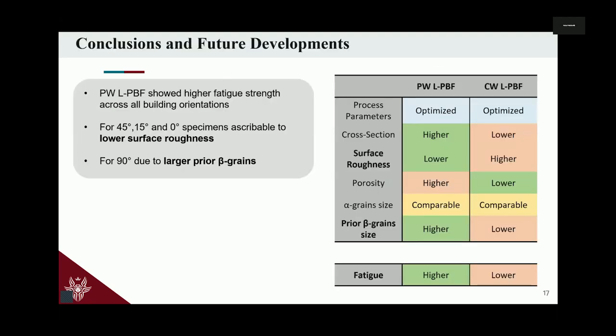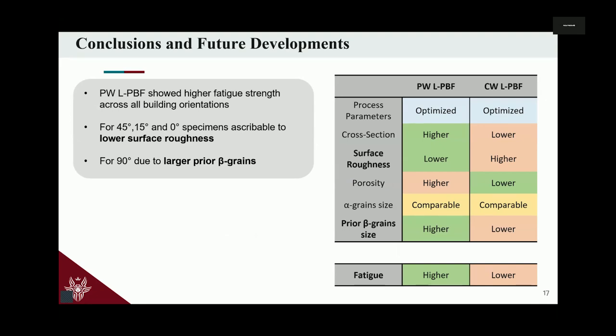So just to summarize, we've seen that if we keep two industrially relevant and optimized sets of parameters for two different technologies within laser powder bed fusion, the continuous wave and the pulsed wave, we do have differences, and these differences are mainly associated to the melt pool dynamics, which alters the overall geometry of the component.